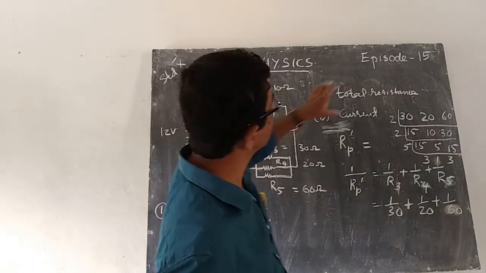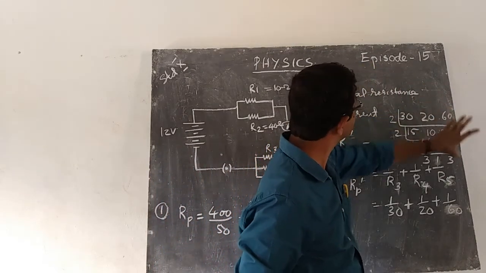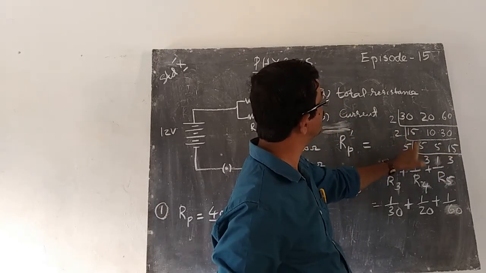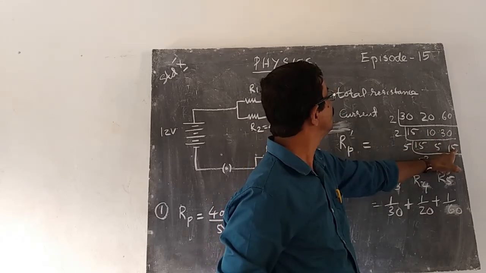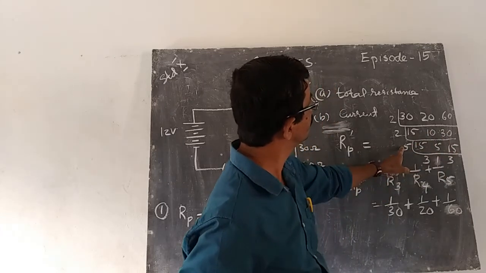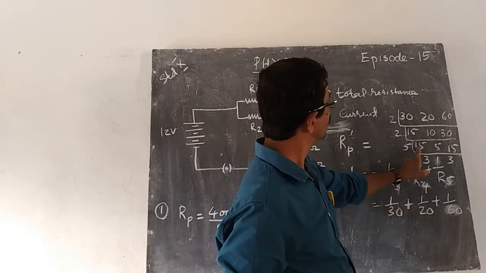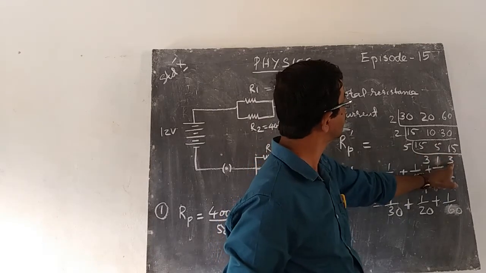Once again, see: 2, 15, 10, 30, again with the 2 that is 15, 5, 15. 5 is how many times 5? 3 times. Here only 1 time, here again 3 times.